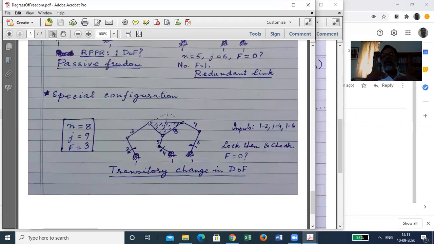These transitory losses and gains can happen in certain special configurations. A configuration at which there is a transitory loss in degree of freedom is typically called a stationary configuration, and a configuration where there is a transitory gain in degree of freedom is typically called an uncertainty configuration, because at that configuration the motion of the output link is uncertain.